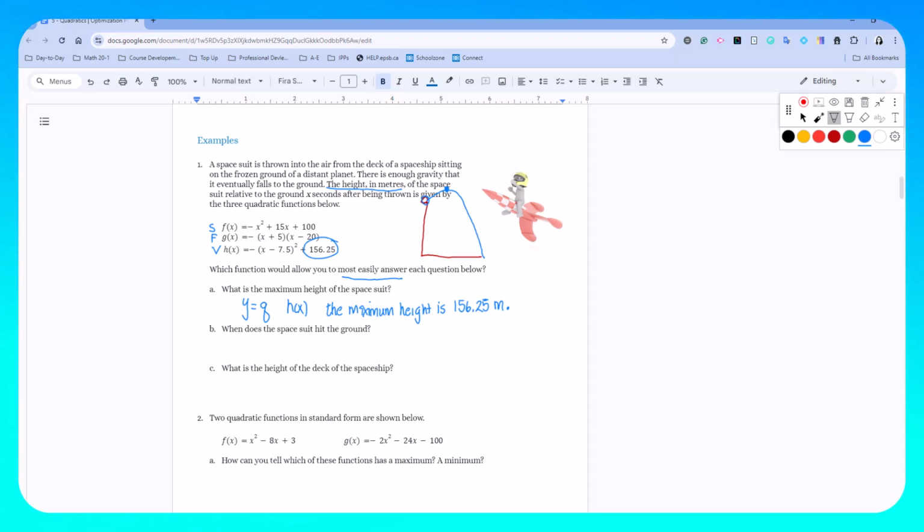Now what about when does the suit hit the ground? Well, it hits the ground at this point over here, and that's an x-intercept. Now, we're going to go to the factored form.